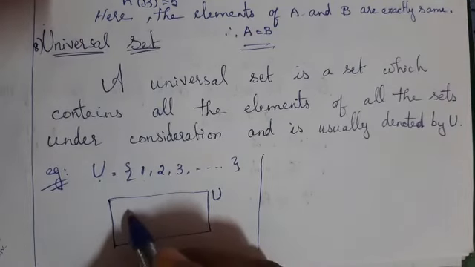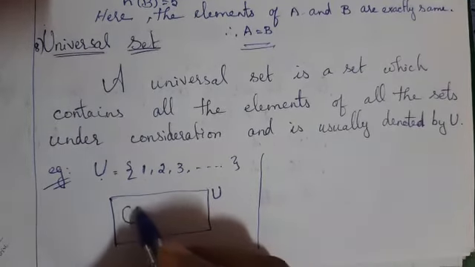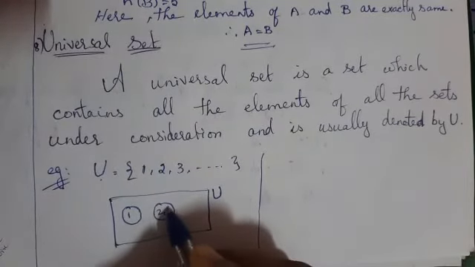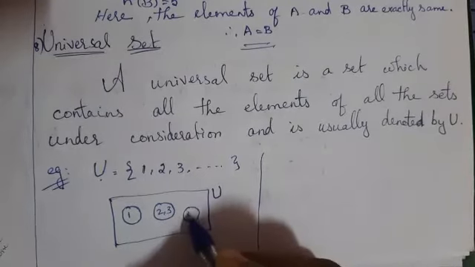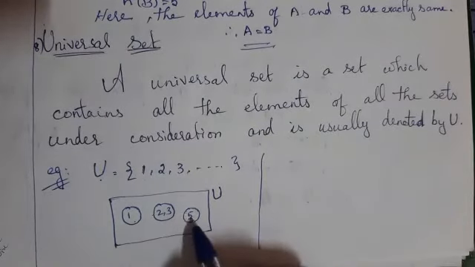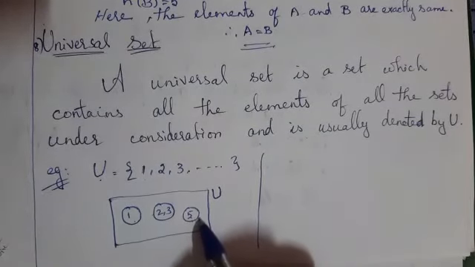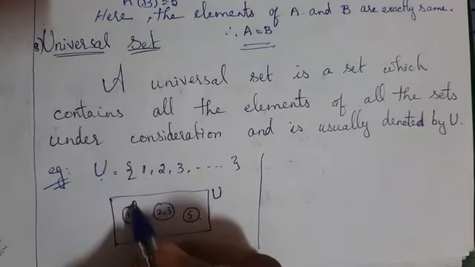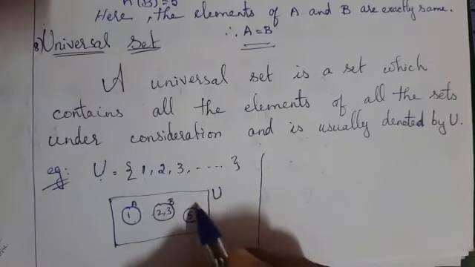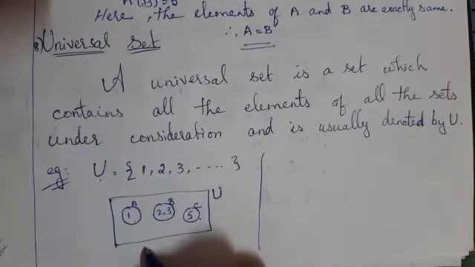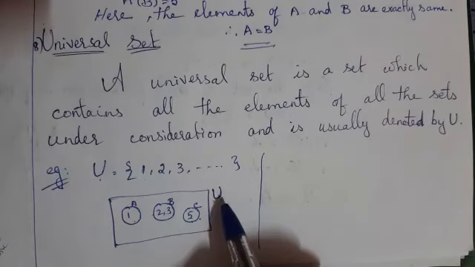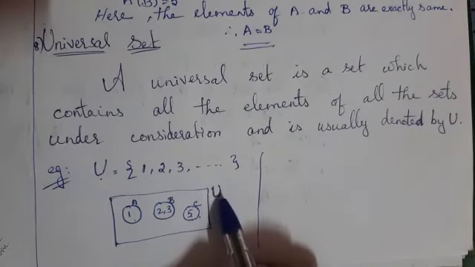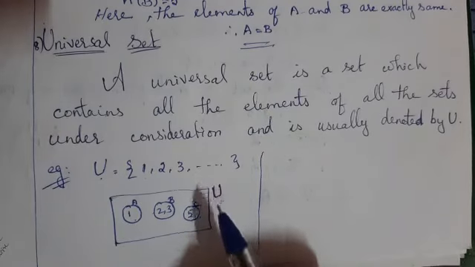You can take many small sets: only 1, only 2 and 3, only 5. These are sets belonging to natural numbers. Therefore, if you take the first set as A, the second set as B, and the third set as C, capital A belongs to the natural numbers. Therefore, capital A is a subset of capital U.